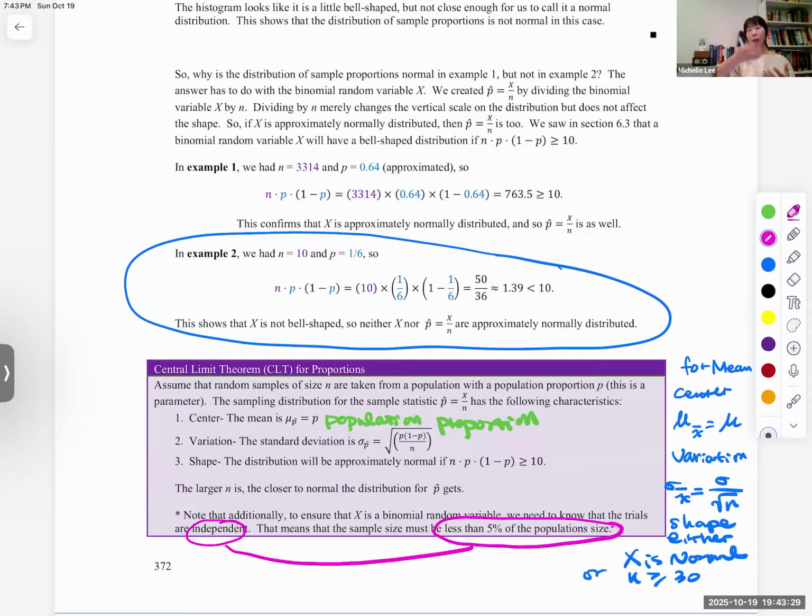How do we know the outcome of A does not affect the outcome of B? The sample is 5% of the population size, very tiny, right? So we can assume that the outcome of A does not affect the outcome of B. Independence.